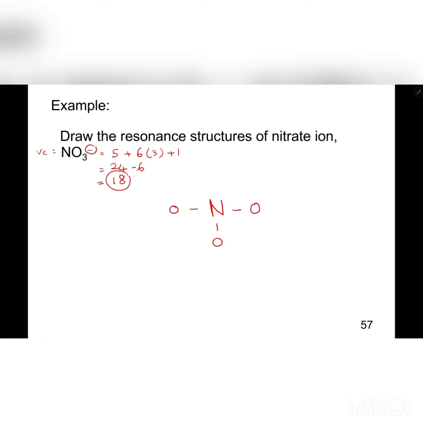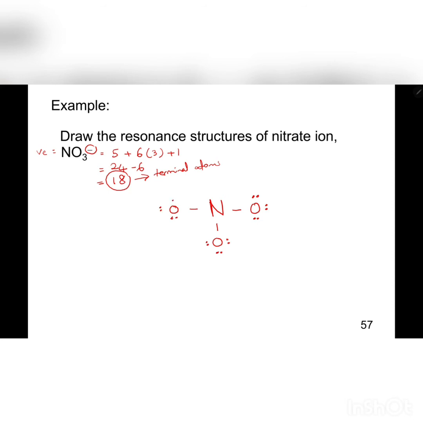So 18 electrons we need to distribute to the terminal atoms. We are going to put 3 lone pairs on each oxygen atom.